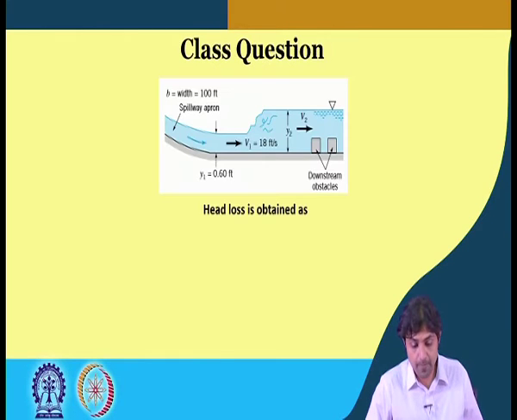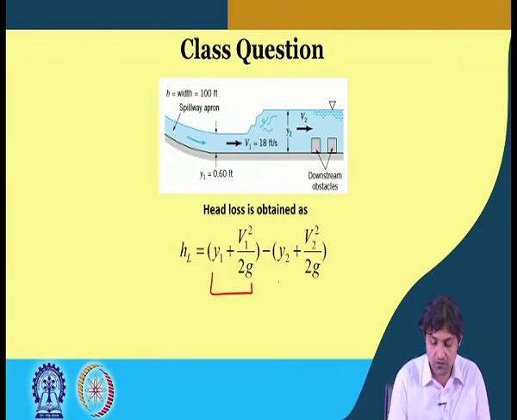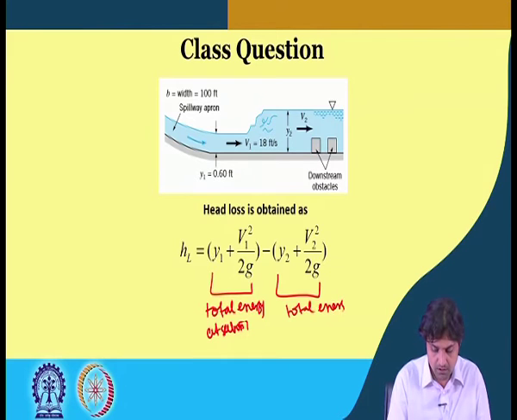All right. Now, we have to also obtain the head loss, that is the energy loss. We simply use this equation: total energy at section 1 minus total energy at section 2.